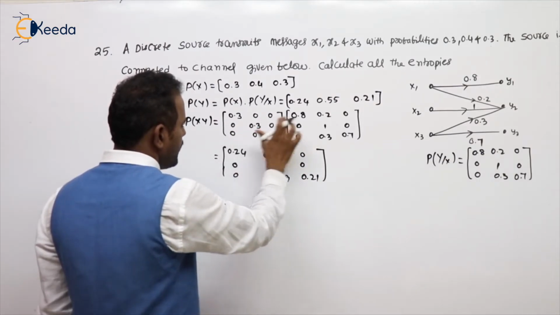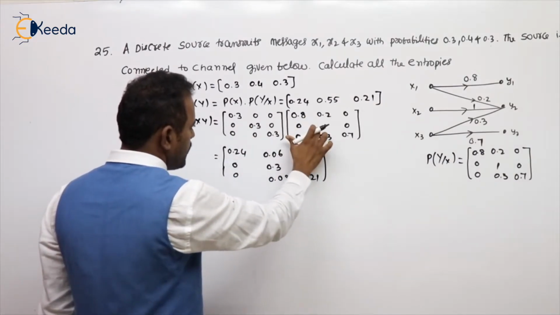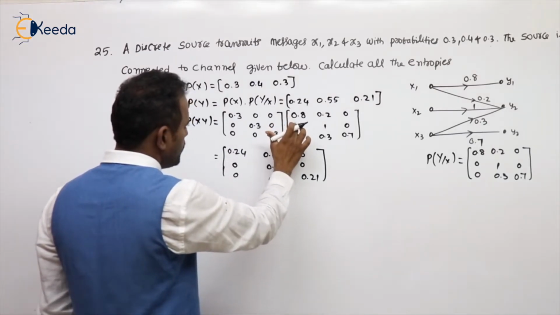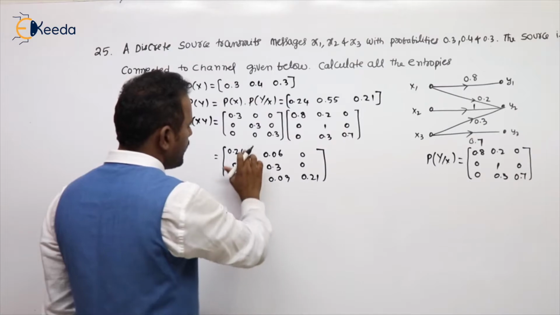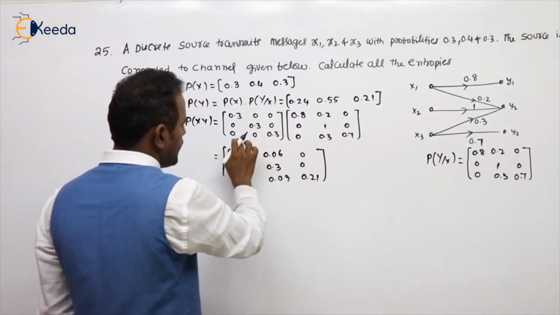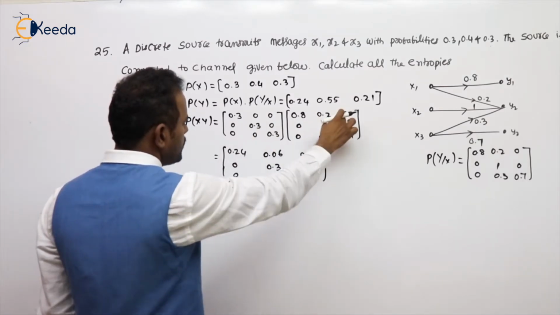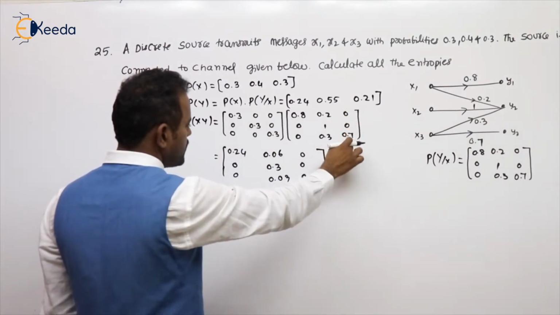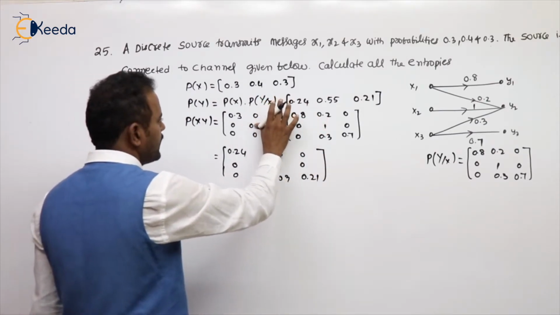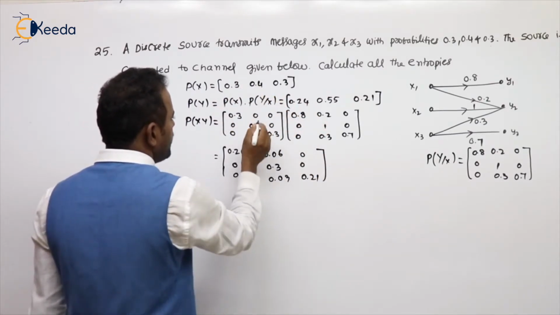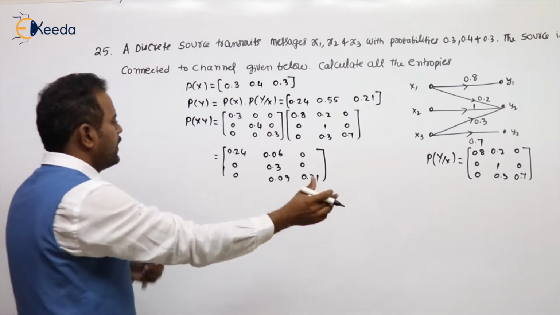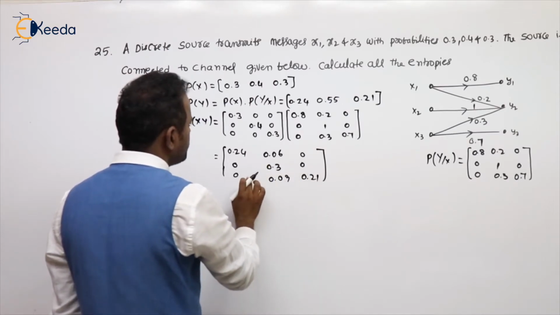Next 0, 0.3, 0, 0, 0, fine. Next 0, 0, 0, 0.9. Next 0, 0. Next obviously 0.2, 0.1. The input, oh sorry, somewhere we have missed. They given 0.3, 0.4. Sorry, I had written 0.3. Now small modifications will come.